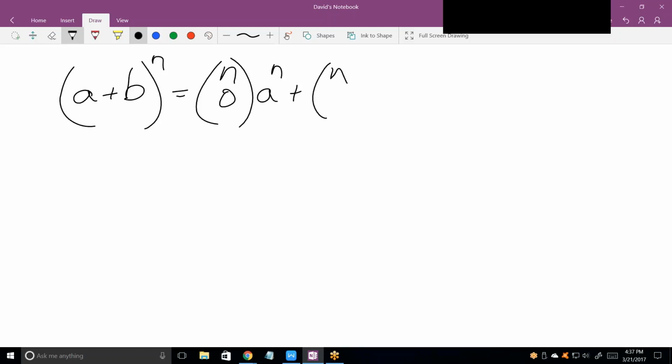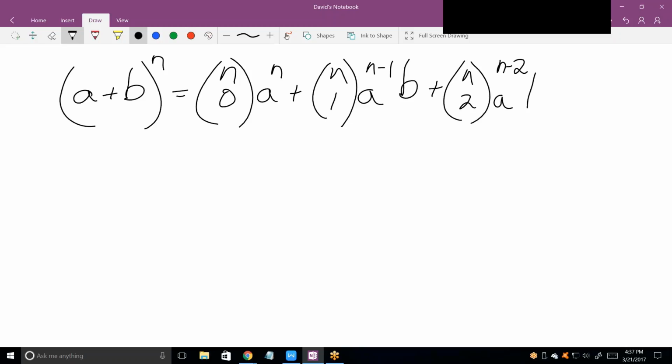Pay attention, because this is pretty complicated to understand, but there is a pattern. The third term is n choose 2, and it becomes a to the n minus 2 times b to the 2.